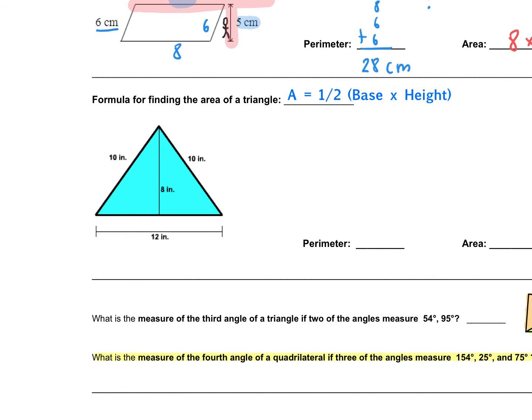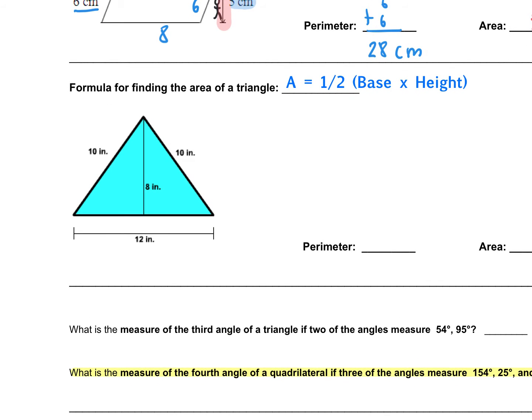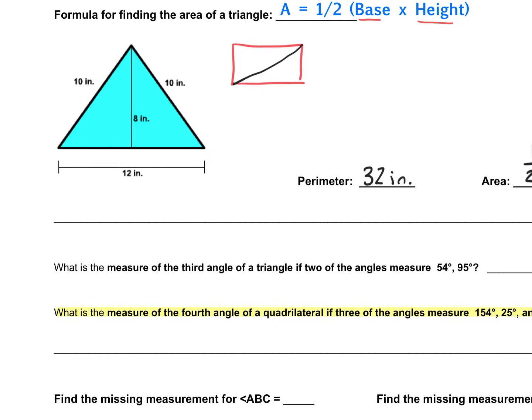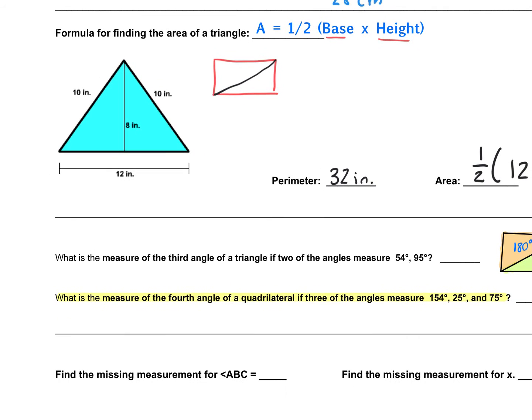Now think about that triangle. Remember, we're still doing base times height, but we're taking half of it. Think about your square or your rectangle. Half of it is a triangle. When we found our perimeter, we got 32 inches. Now think about that doctor's office again.